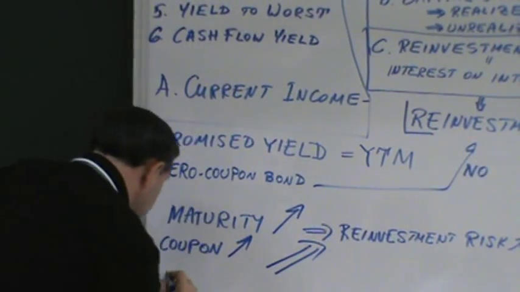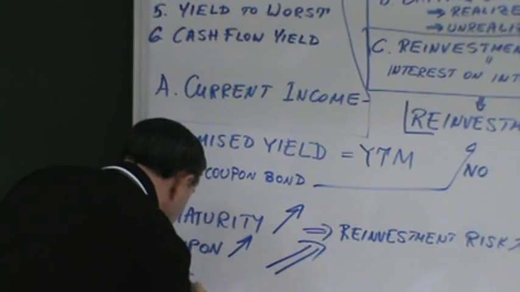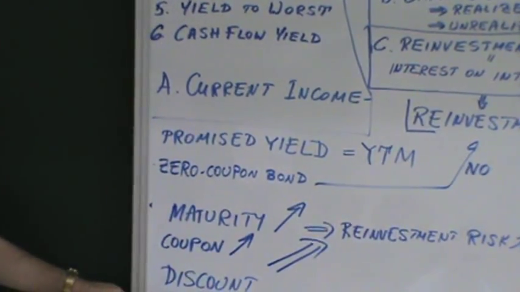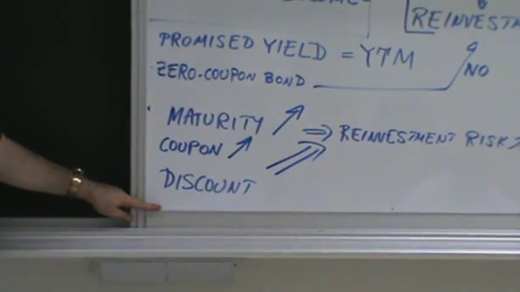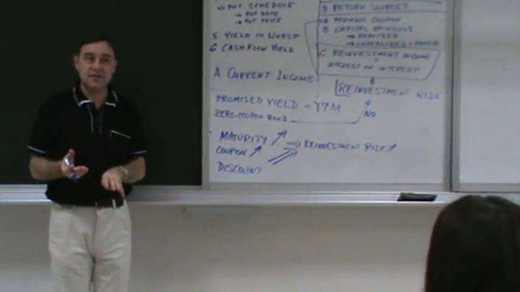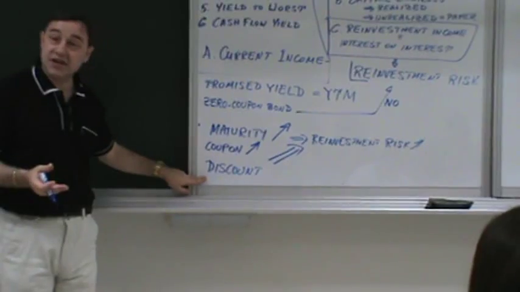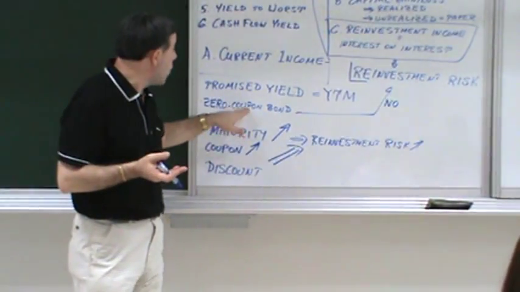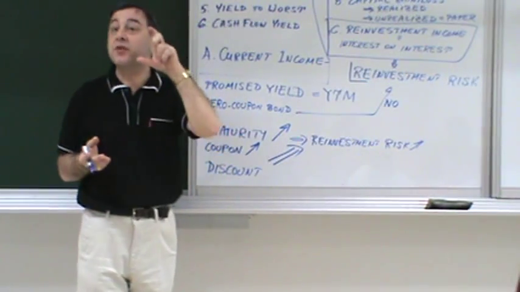And finally, you have a discount bond, and it sells at a discount. The bigger the discount, the more of the total yield is coming from the discount.